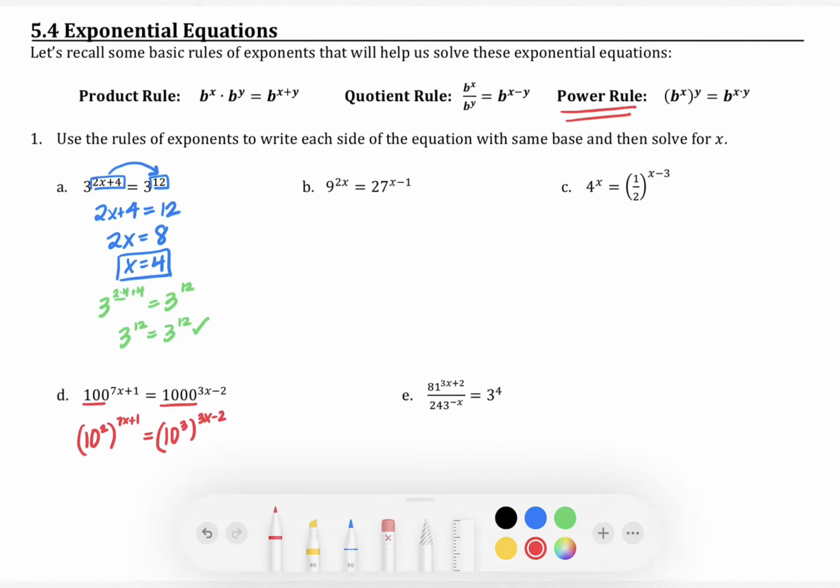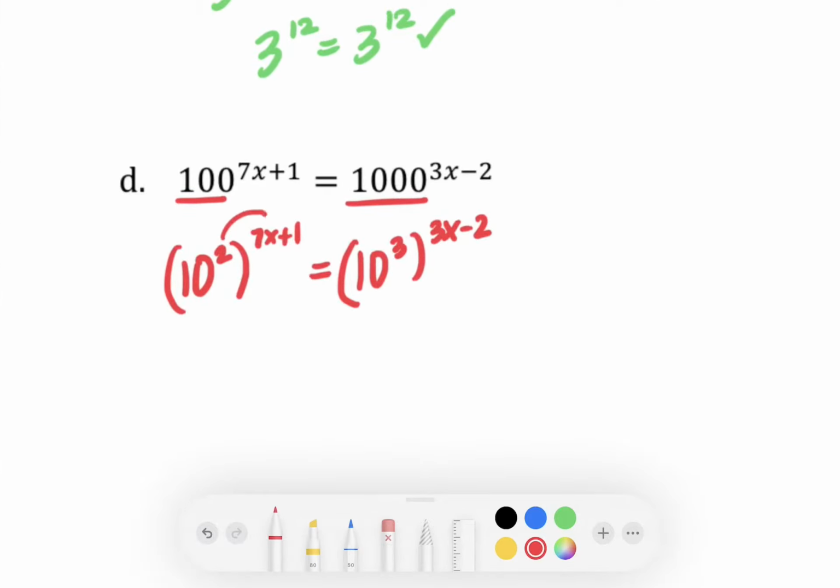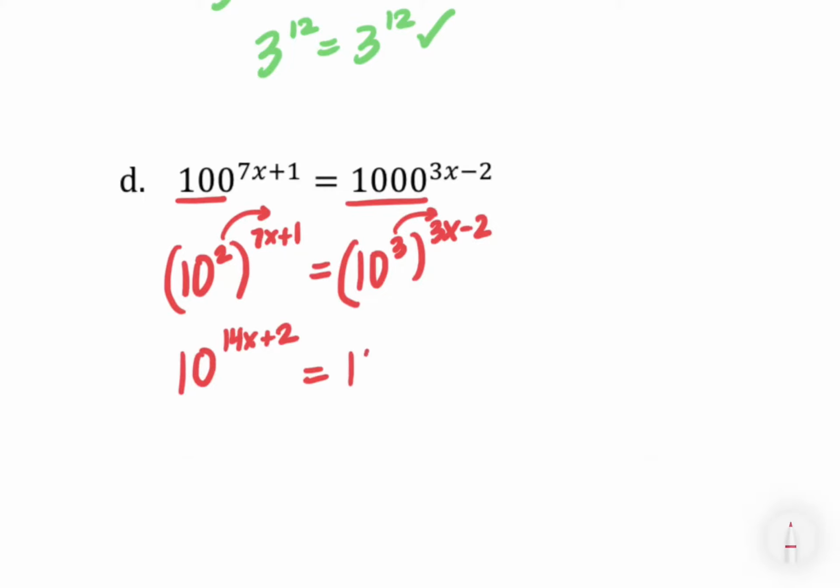If we have a power raised to a power, we are multiplying those powers. So here I am multiplying the 2 by the 7x plus 1, making sure to distribute it, and I get 10 to the 14x plus 2. Same on this side. That 3 gets distributed to the 3x minus 2, multiplying. 10 to the 9x minus 6.